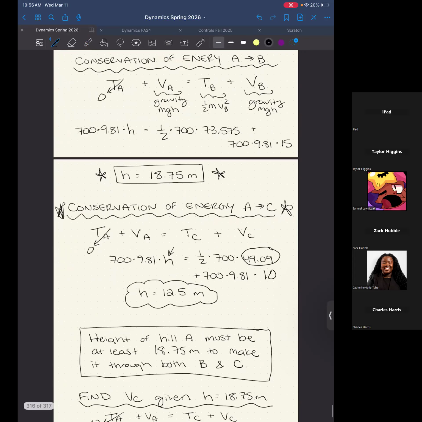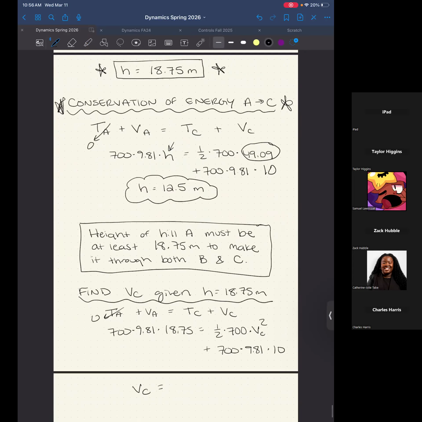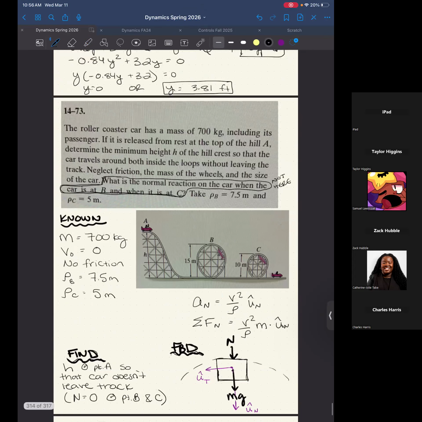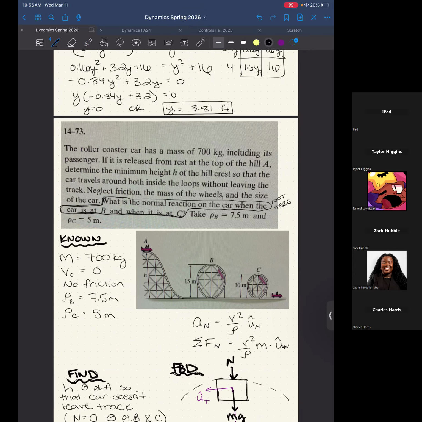Yeah, and you don't know these answers? I can find them fairly quickly. Let me look it up. This is 14.73. I don't think I got it right.